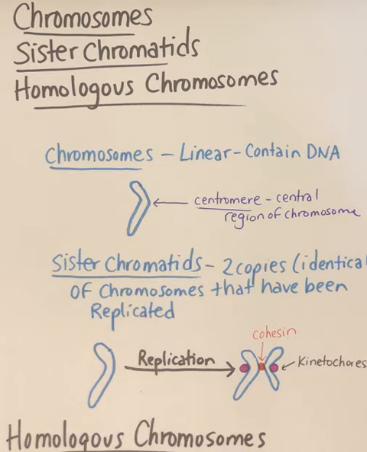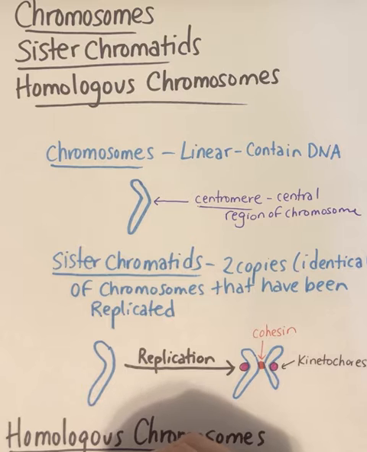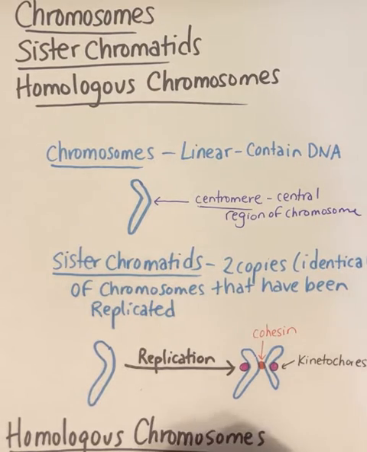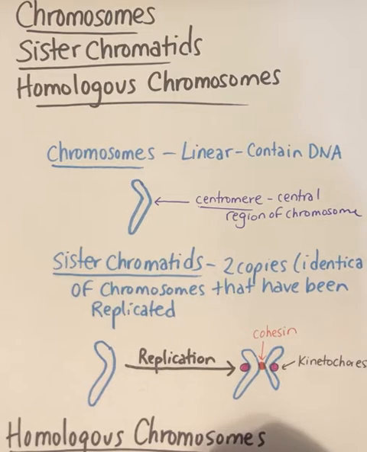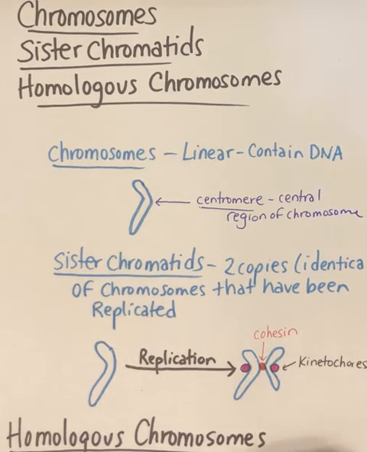So when we talk about homologous chromosomes, these are going to be identical chromosomes, one set from mom and one set from dad that pair up.